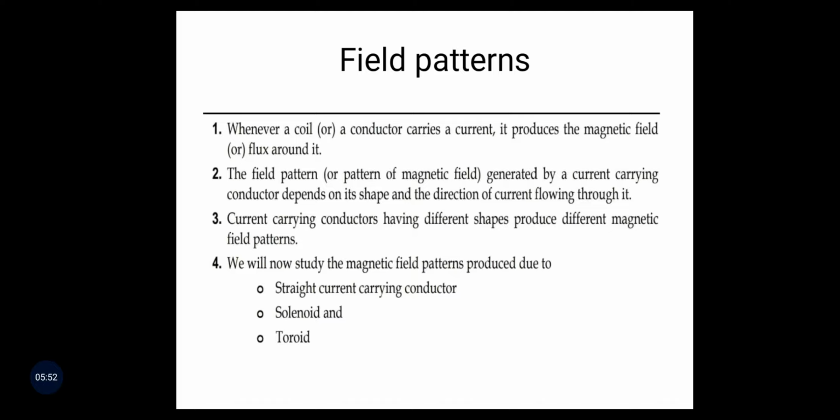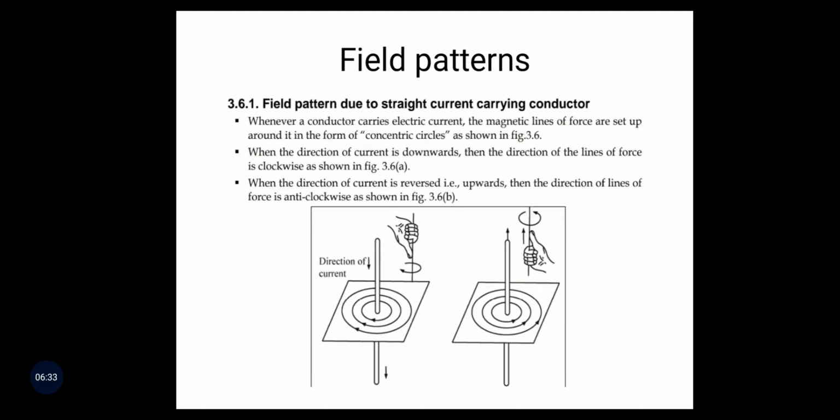In this lecture, we are discussing different magnetic field patterns produced by a straight current carrying conductor, solenoid and toroid.